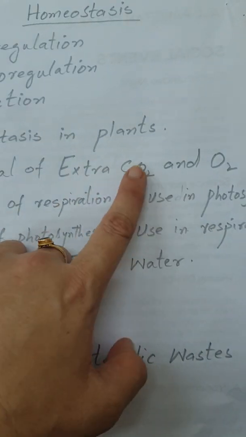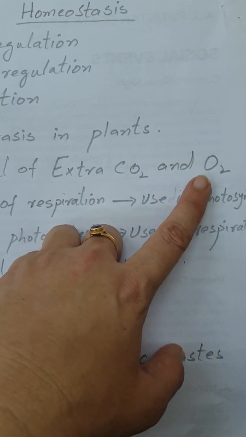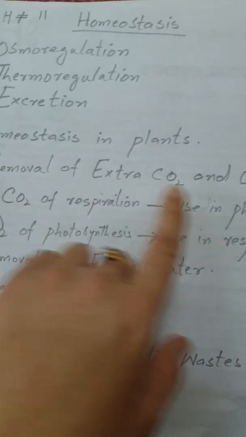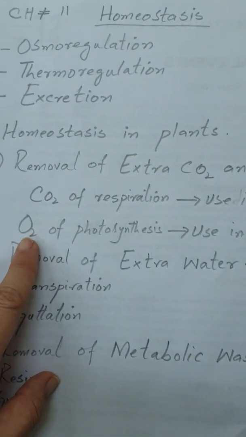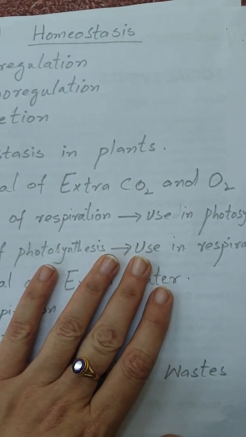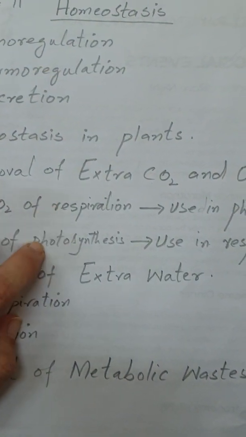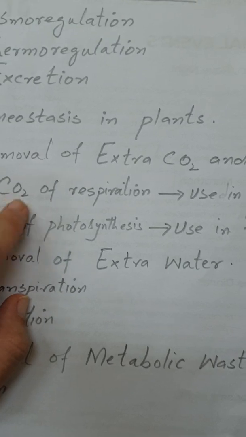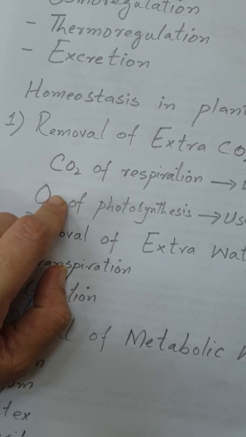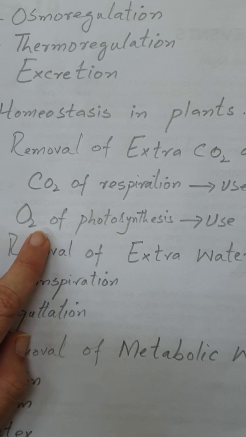So most of the carbon dioxide and oxygen are not removed as extra material, because what is released as a product in one process is used as a reactant in the other. But sometimes, if the rate of respiration or photosynthesis becomes high or low, they may act as a byproduct, and then they are simply released by special structures of the plant, which are known as stomata.